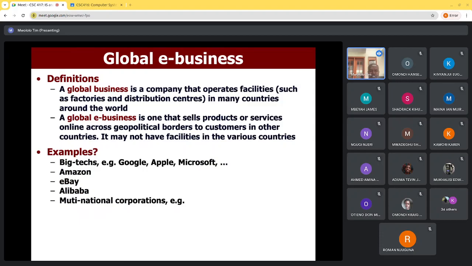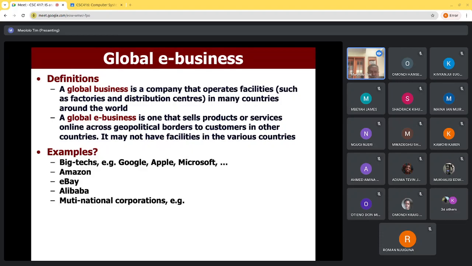What are examples? The big techs do it. Google does it, Apple does it, Microsoft, and all the other big techs, Amazon, eBay. You can buy my book from Amazon and it will be delivered to you wherever you are. eBay, Alibaba, and many other multinational corporations.